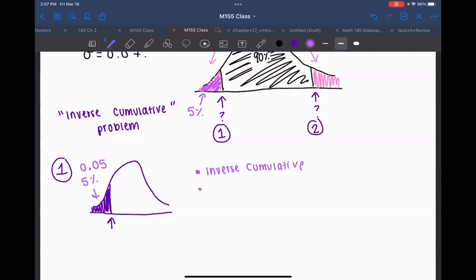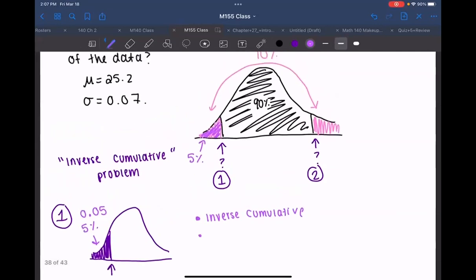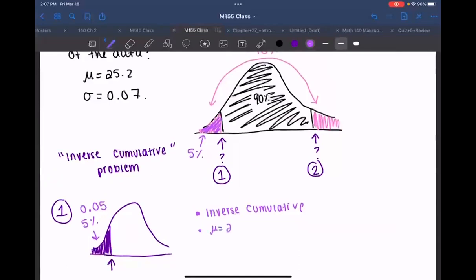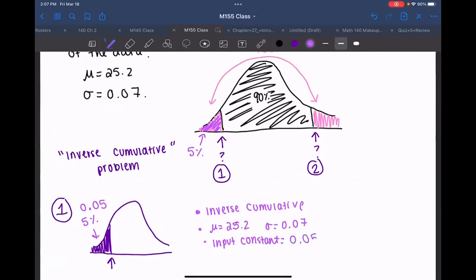When you're typing in the mean and standard deviation, you type in 25.2, and the standard deviation is 0.07. Under input constant, we isolated this problem to a less than 0.05 question, so we're going to type in 0.05. Whatever number pops up is going to be our first number.